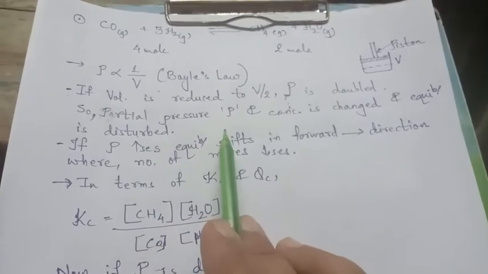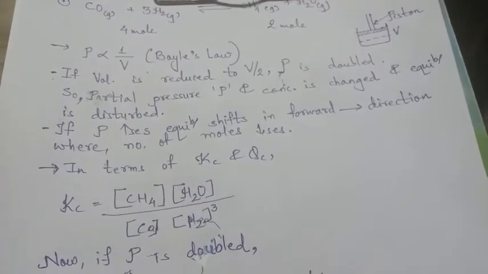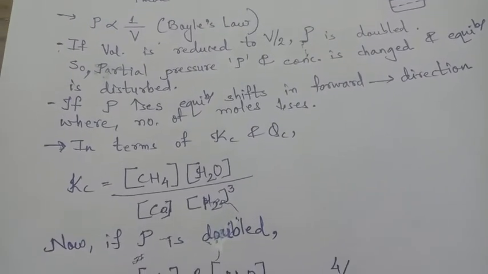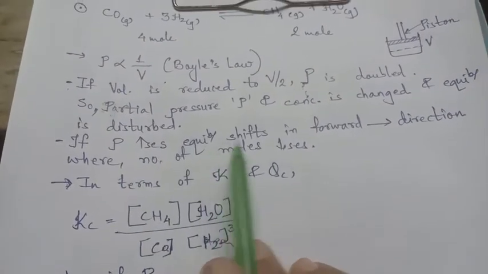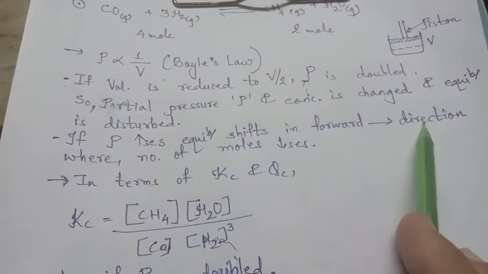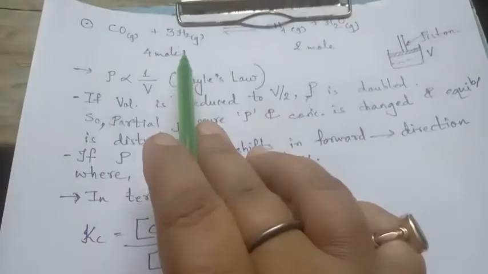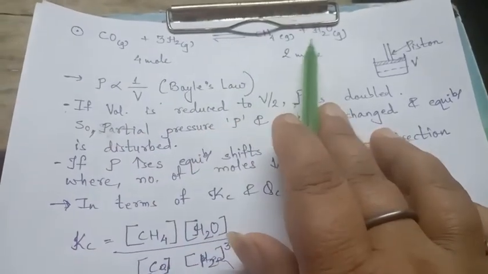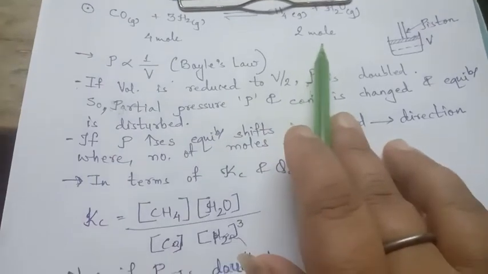We have discussed concentration, and here the discussion is about pressure. If pressure increases, equilibrium shifts in the forward direction where the number of moles decreases, 4 to 2.